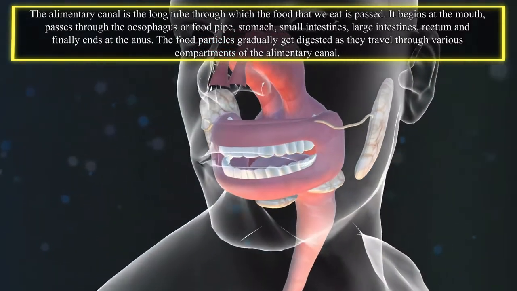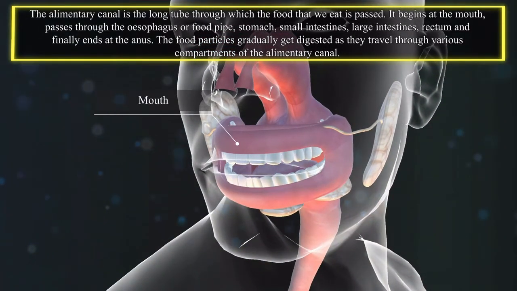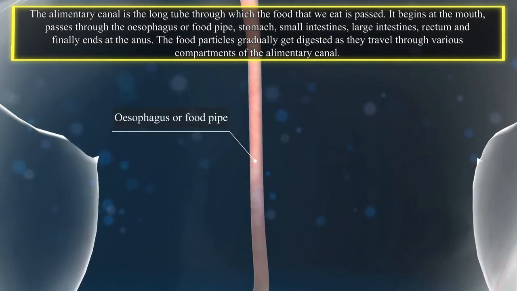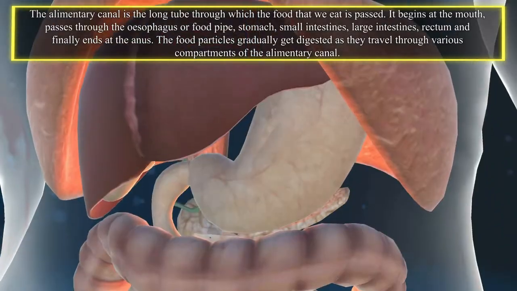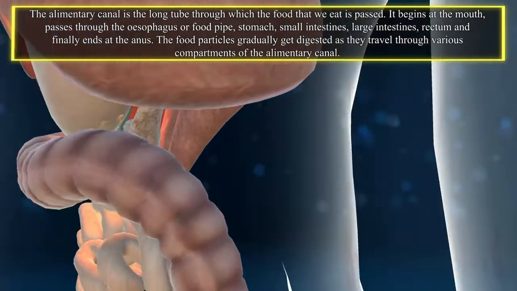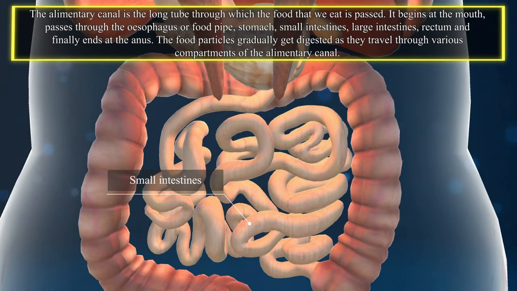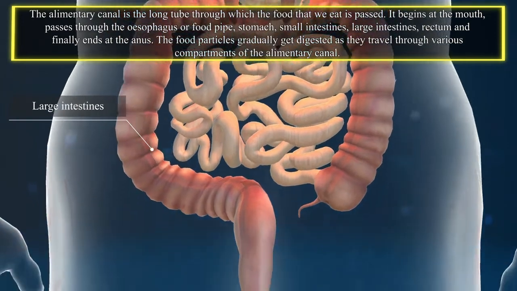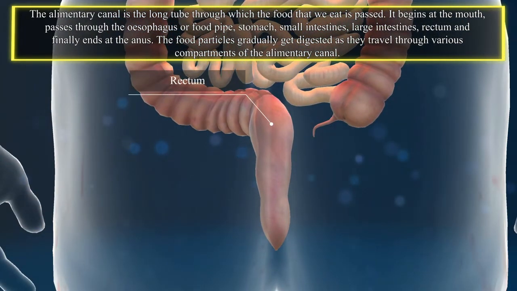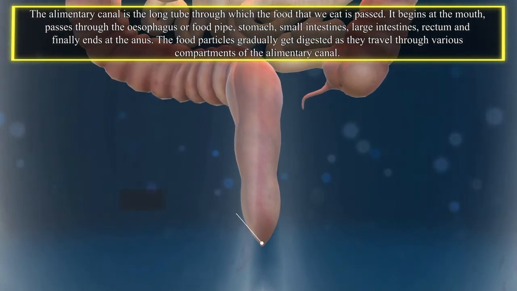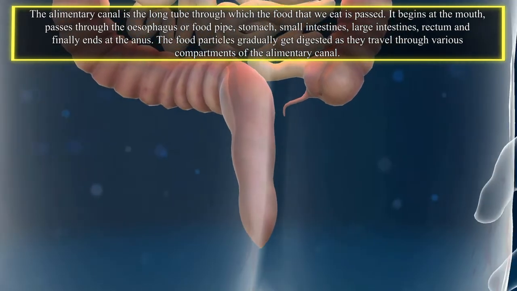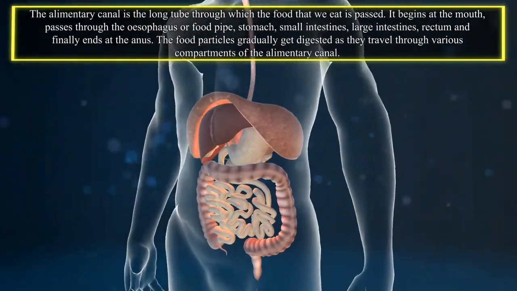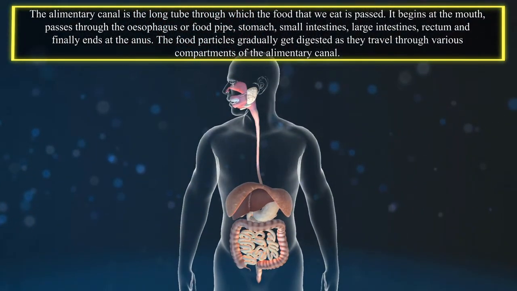It begins at the mouth, passes through the esophagus or food pipe, stomach, small intestines, large intestines, rectum, and finally ends at the anus. The food particles gradually get digested as they travel through various compartments of the alimentary canal.